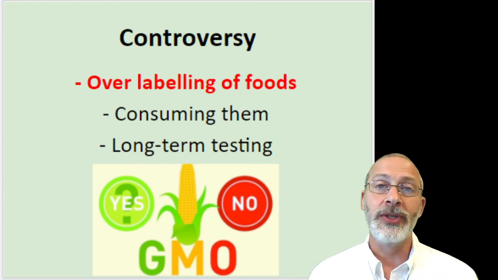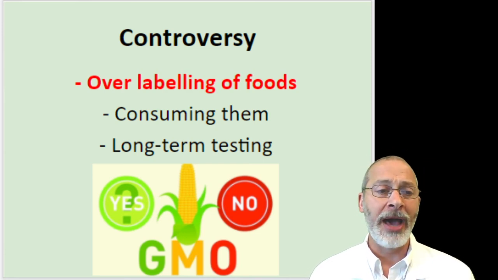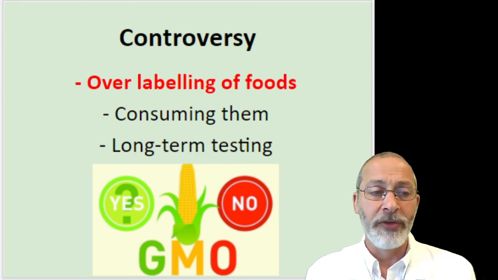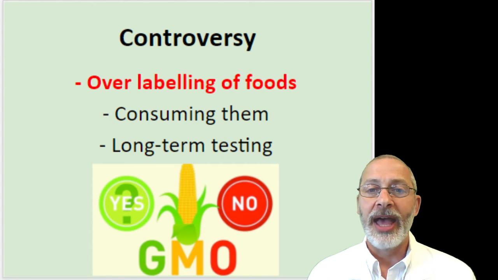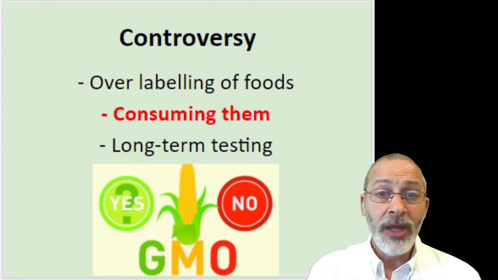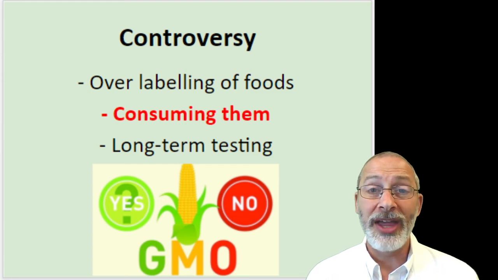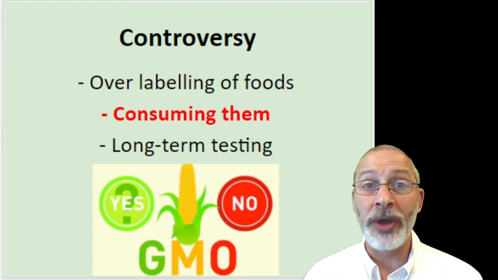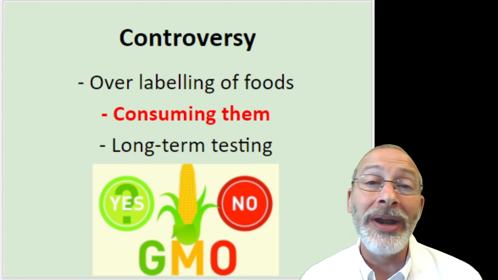Many other nations in the world require GMO labeling. So it's probably only a matter of time before our food in the States will be required to be labeled genetically modified as well. There's concern against consuming them, whether they are safe to be consumed, whether they will have any impact on our own DNA or not.